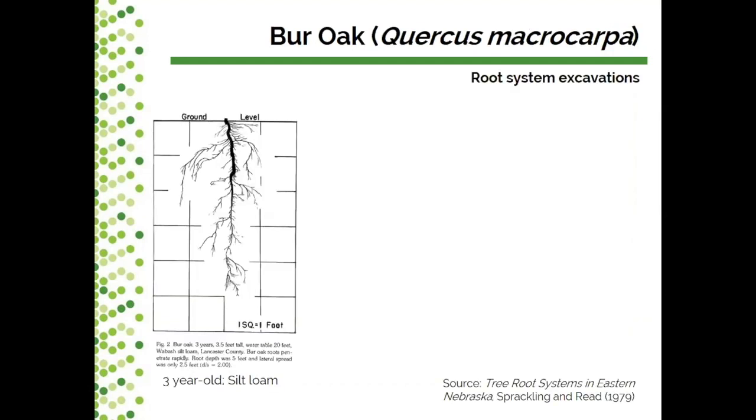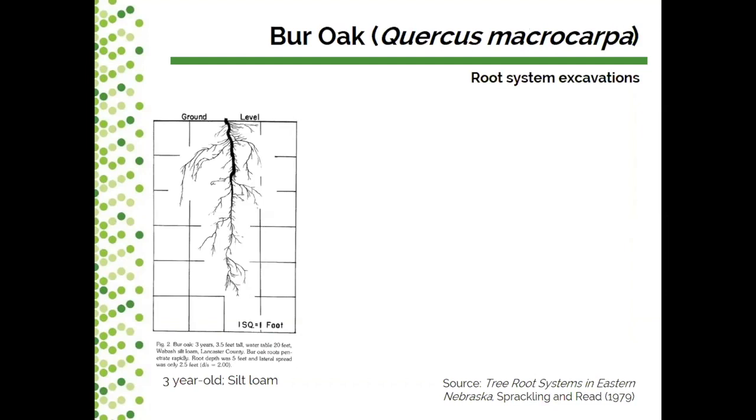So here I've included a few sketches from a really cool book that we stumbled upon online a few years ago, called Tree Root Systems in Eastern Nebraska. It was published in 1979, but it was based on root system excavations that were undertaken during the Great Depression, if my memory is serving me correctly.